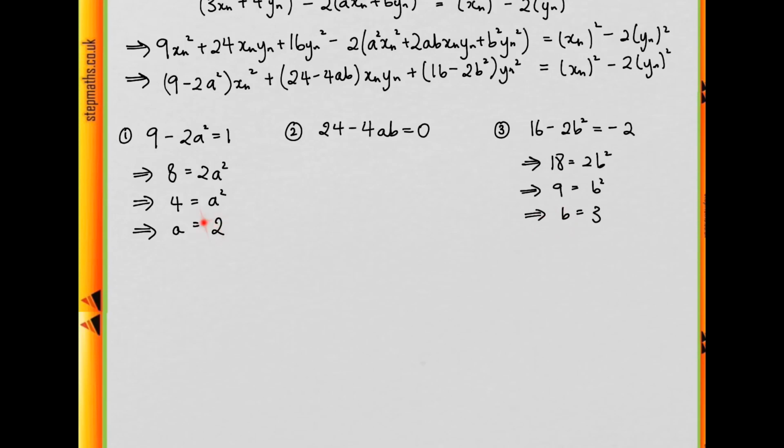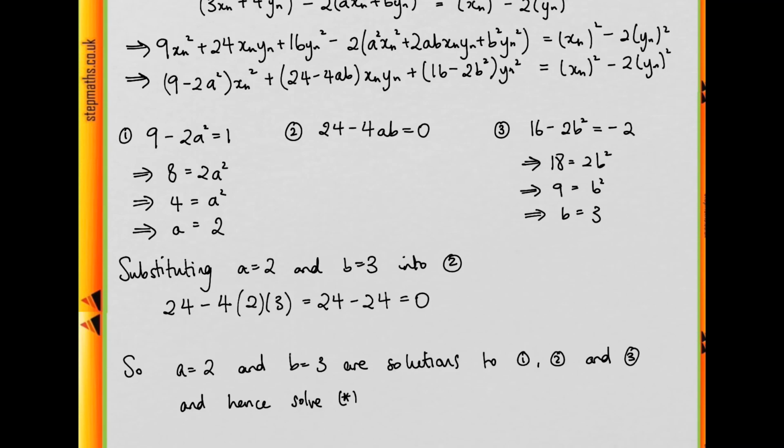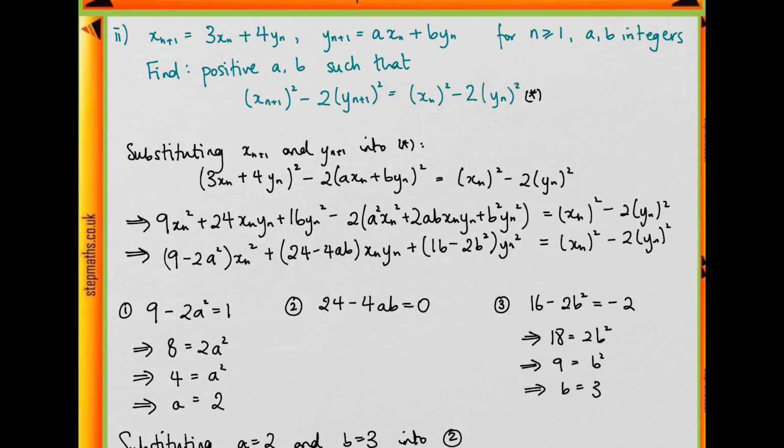And so if we substitute a equal to 2 and b equal to 3 into equation 2, we see that we do get 0, and so a equals 2 and b equals 3 satisfies all three of these equations. And so these values of a and b satisfy our equation star.